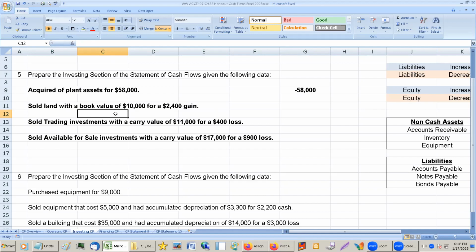So the question is, how much cash did we get? 12,400. Yeah. So if we had a book value of 10,000 and we got a $2,400 gain, add those two together, and so that would be 12,400. Plus or minus? Plus. Good.